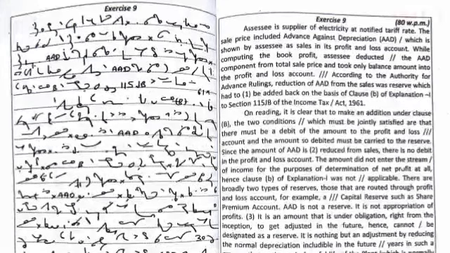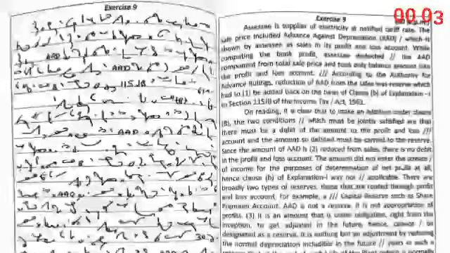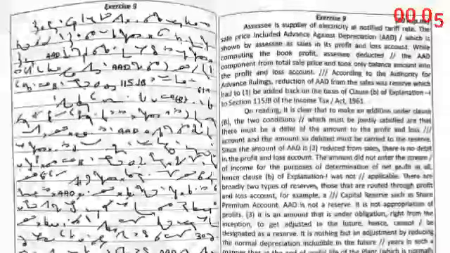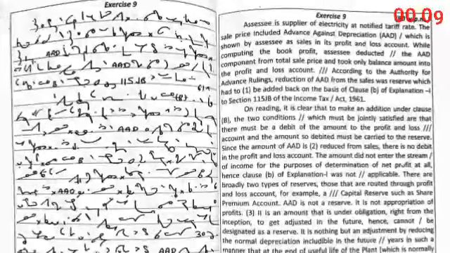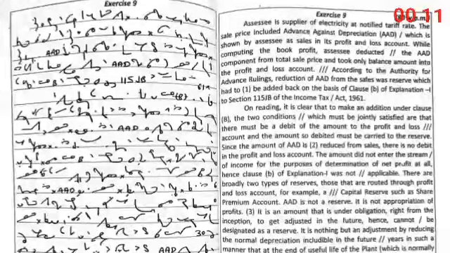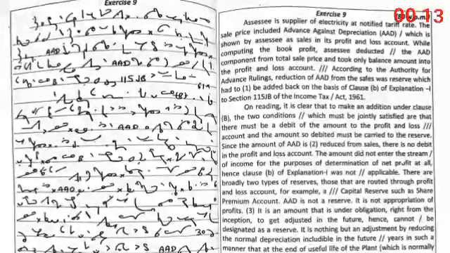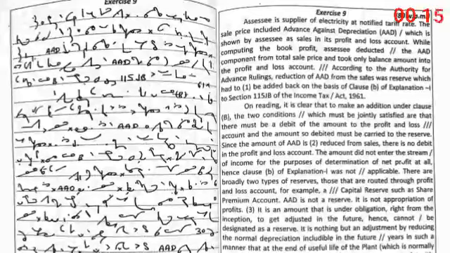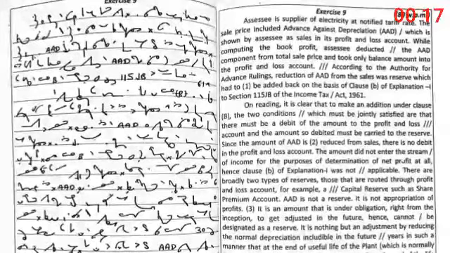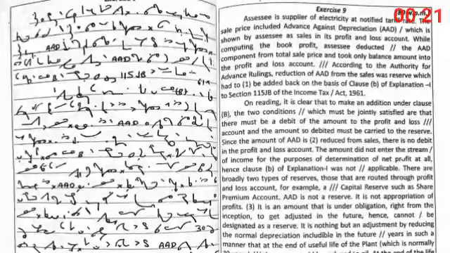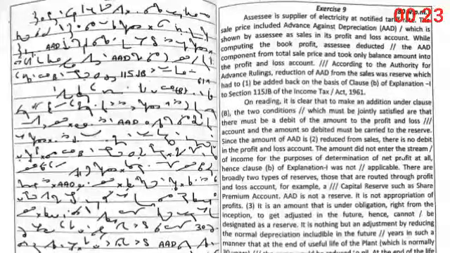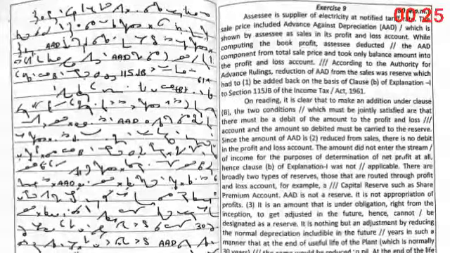SSE is a supplier of electricity at a notified tariff rate. The sale price included advance against depreciation (AAD), which is shown by SSE as sales in its profit and loss account.